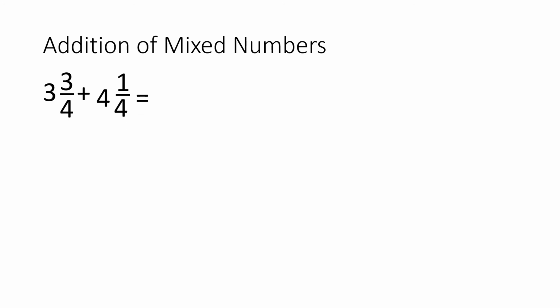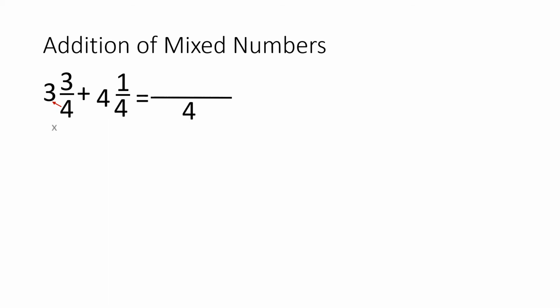To do this, we need to change the mixed numbers into improper fractions. We're going to do that. First, we're going to copy the value of the denominator, which is 4. Then, multiply the denominator 4 to the whole number 3.